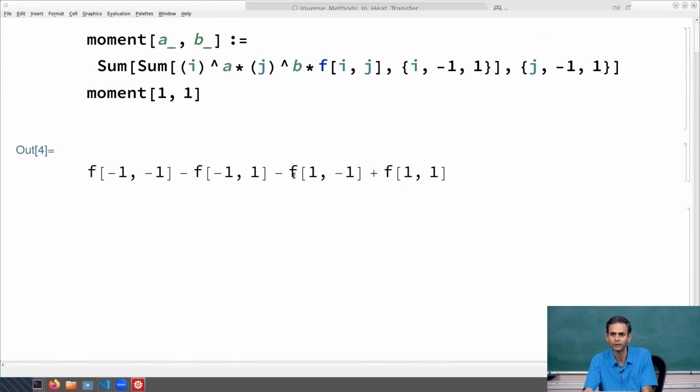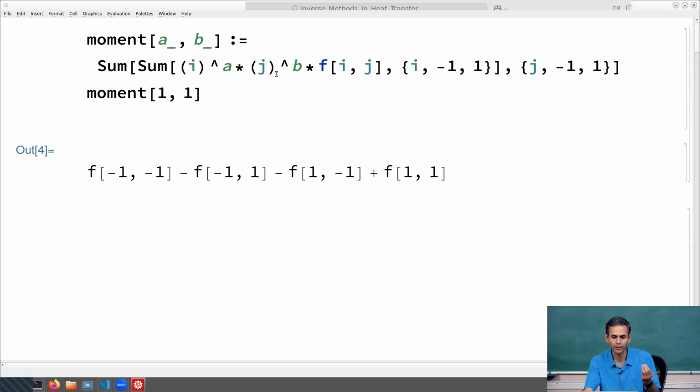Is this correct? Can we verify? We can substitute a equals 1, b equals 1. When i and j are both negative or both positive, you get the positive value for the factor.